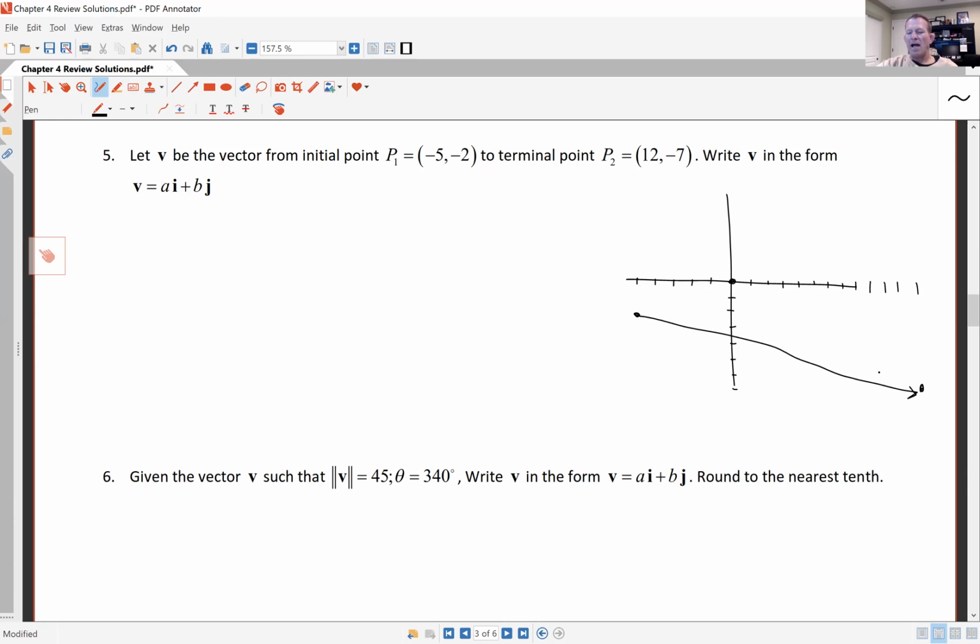Now we take that vector and we translate it to the origin, maintaining that same slant or slope to it.